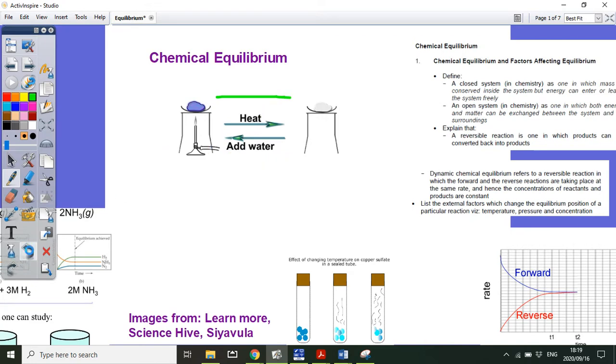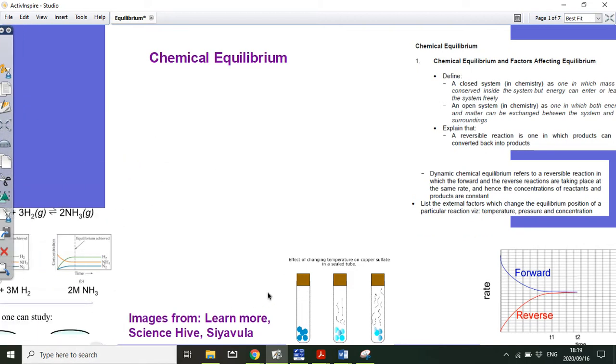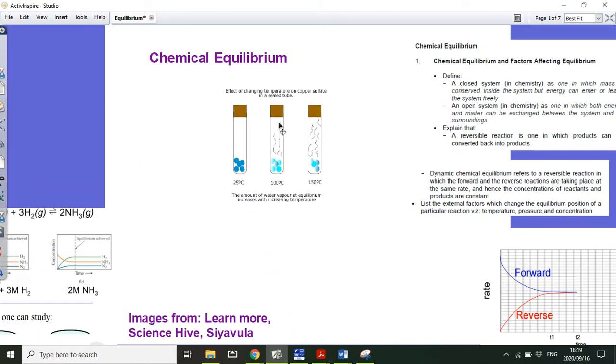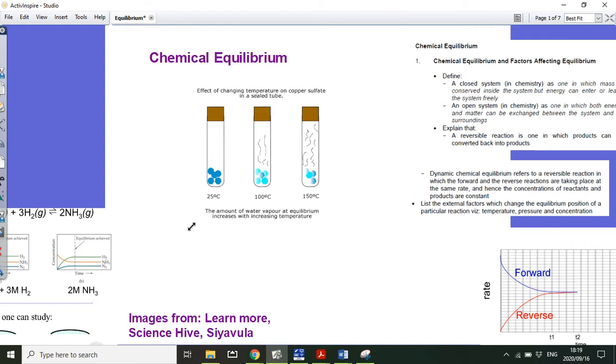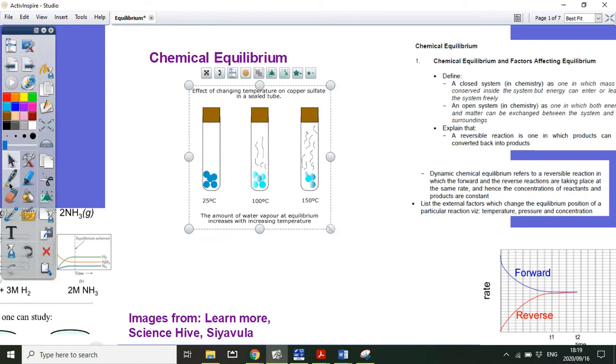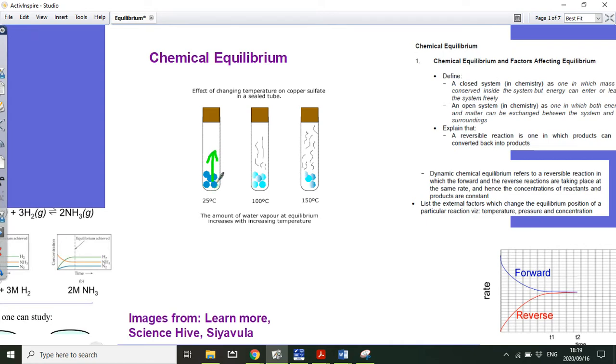Now for that same reaction, if we look at it again, what happens, as we already said, is that the water evaporates from here. Now at 25 degrees, you might not see it. If it's a closed system and you heat it up to 100 degrees, you'll see the color start changing.